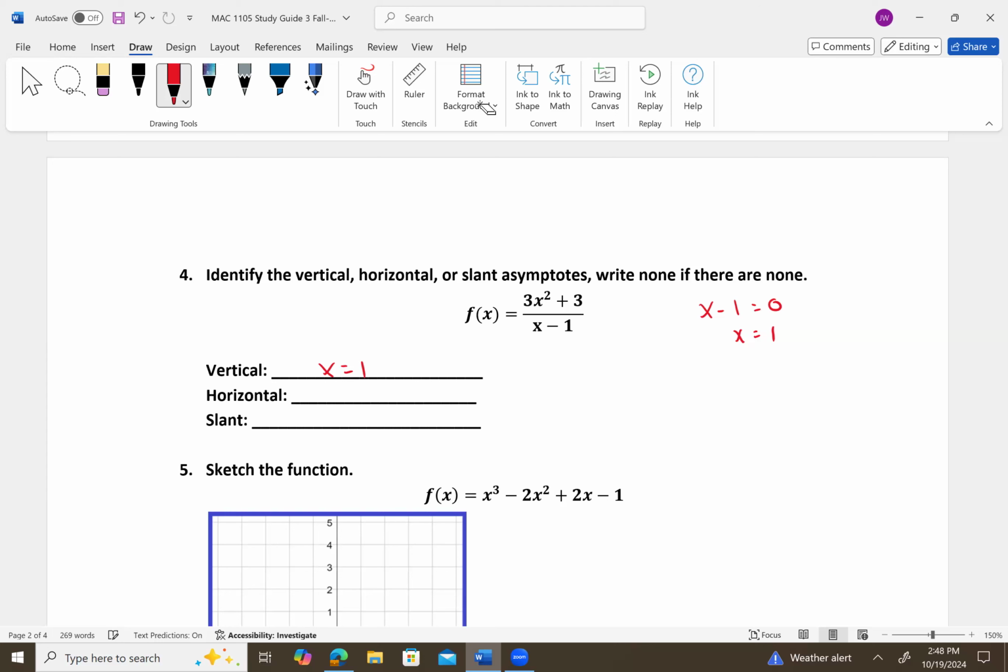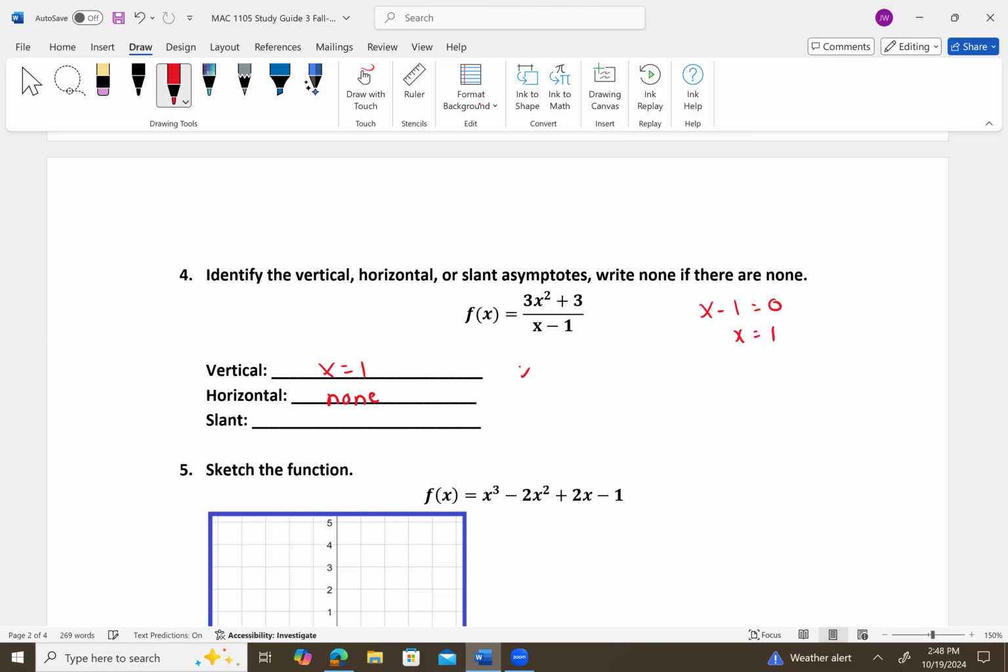Since the degree of the numerator is greater than the degree of the denominator, I do not have a horizontal asymptote. However, since the degree of the numerator is exactly 1 greater than the degree of the denominator, I do have a slant asymptote.